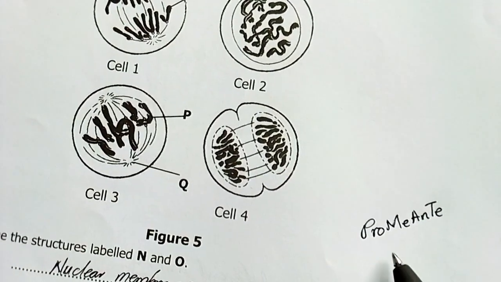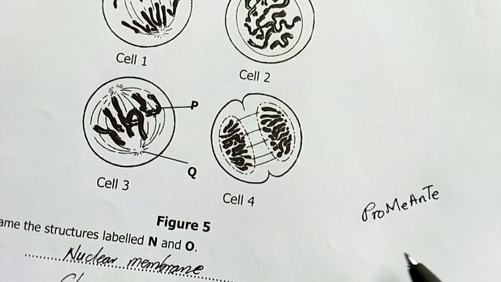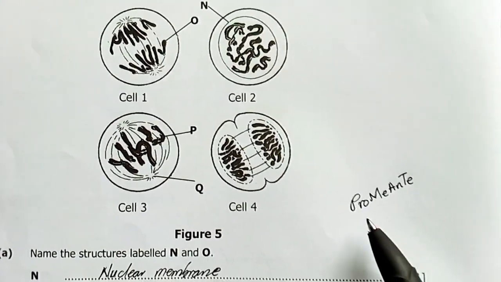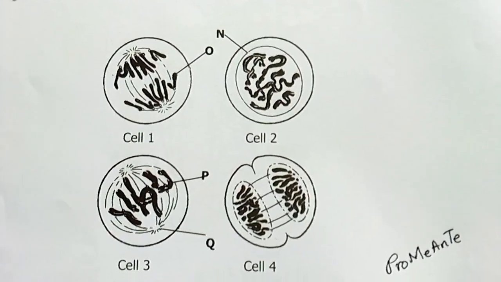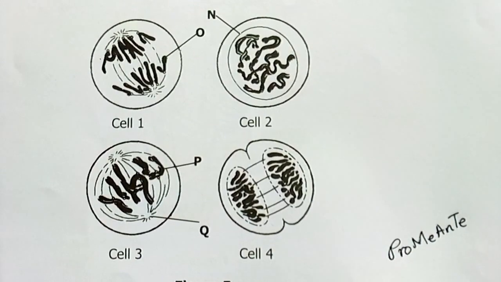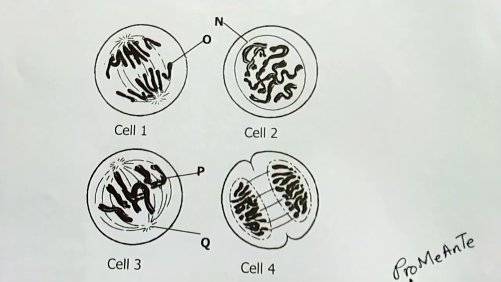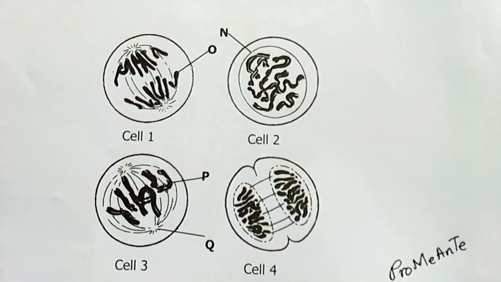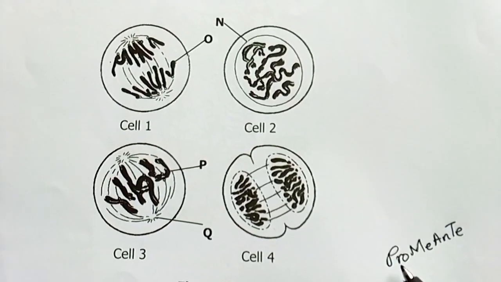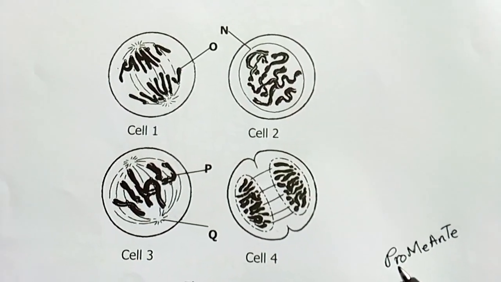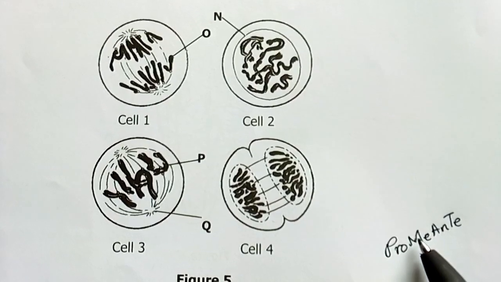Okay, I don't know, you should remember this. So prophase is where the chromosomes condense after they have already divided. They condense and become more visible. And then there's what you call prometaphase, which is between prophase and metaphase.